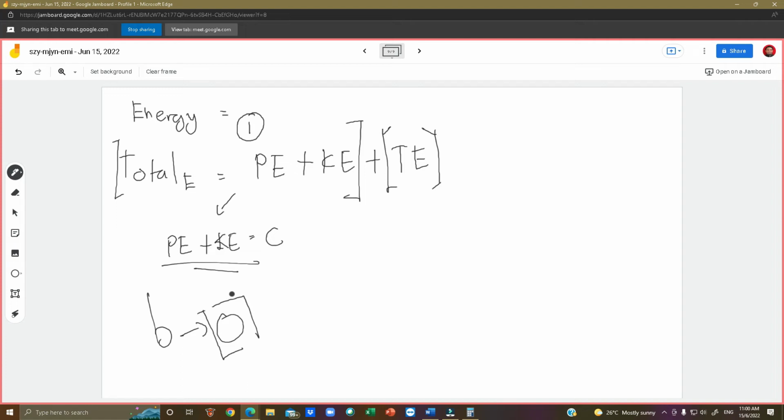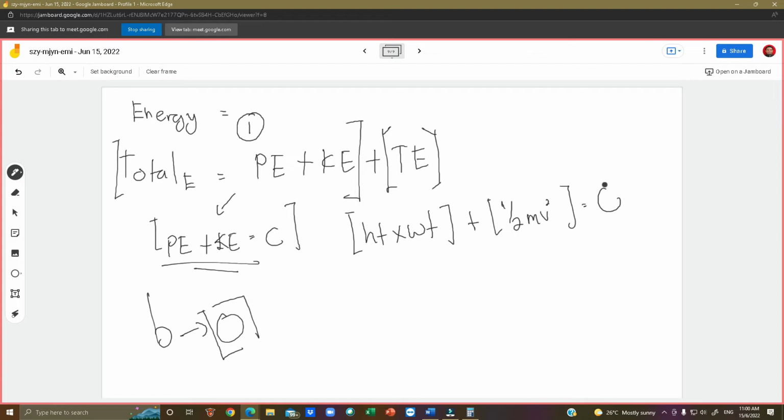Okay. So, to know how much amount of energy we have within a ball, we are going to use this equation. PE plus KE equals to C, or it can be further elongated into mgh, this is PE, okay, plus half mv square always equals to a figure.